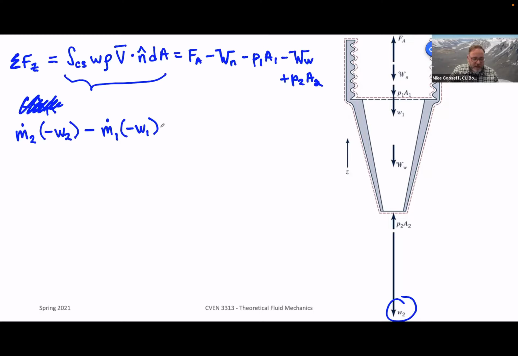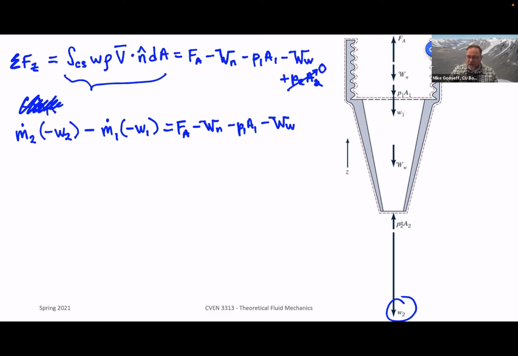On the right-hand side, we're still going to have FA in the positive direction minus the weight of our nozzle in the negative direction minus P1 A1 minus the weight of the water in the nozzle. And then this is going to be equal to 0 because the pressure as we go out through this jet is equal to 0.